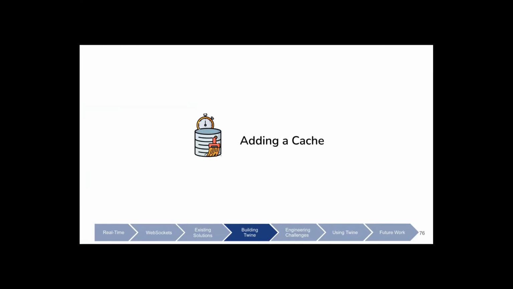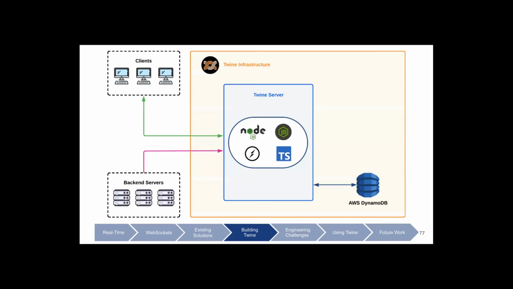Now that we have determined when to execute connection state recovery logic, we turned our attention to where Twine would retrieve data from during connection state recovery execution. While DynamoDB exhibits fast read and write times, persistent data stores generally introduce latency when compared to faster alternatives, such as a cache.